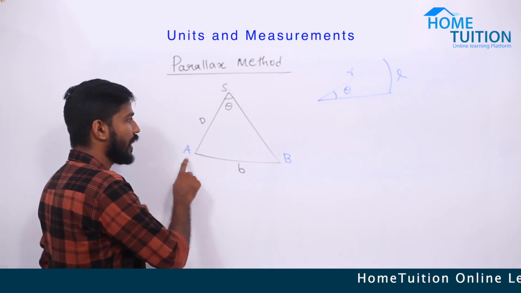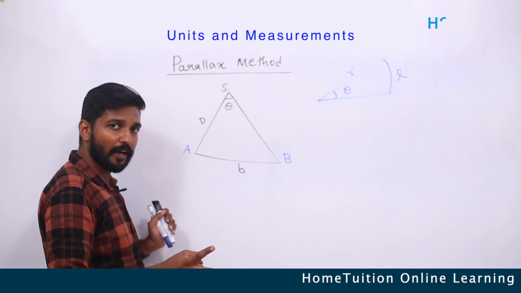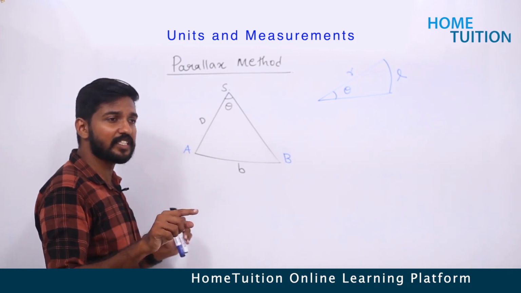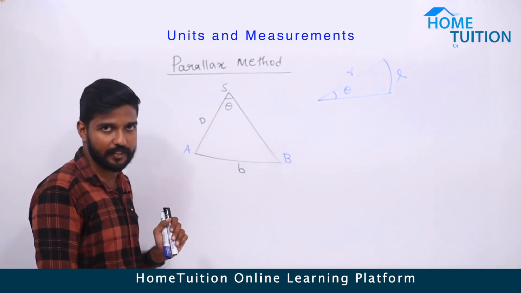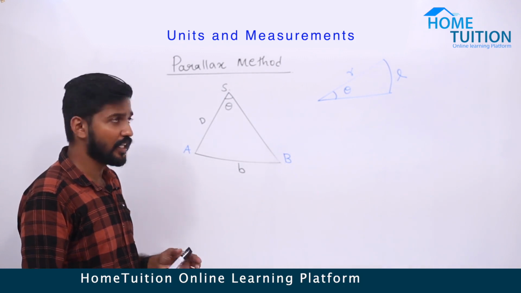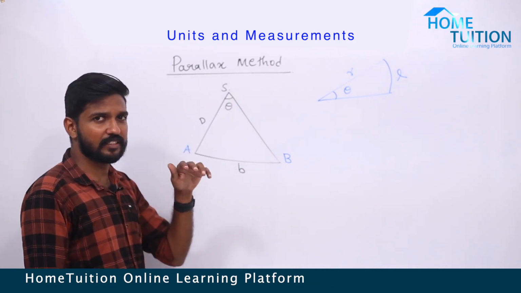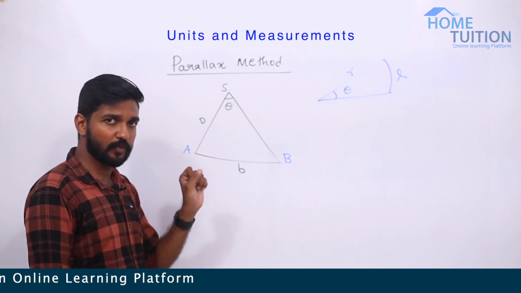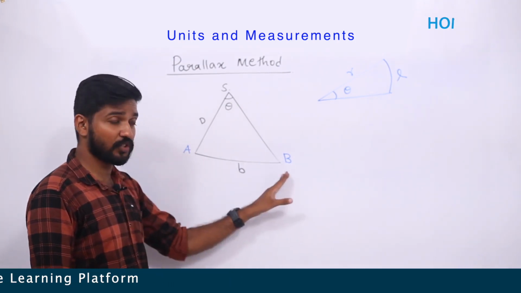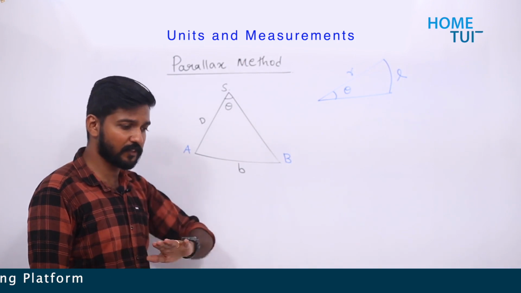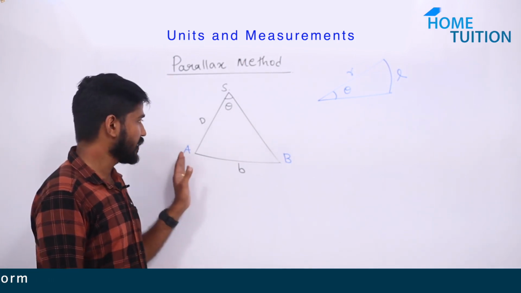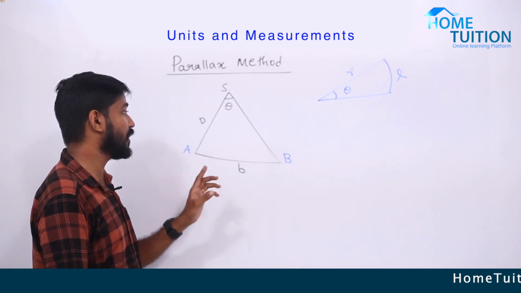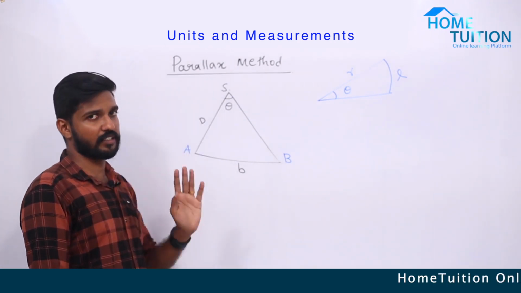So A and B are two points on the surface of Earth separated by a distance b, and d is the distance between Earth and the planet.